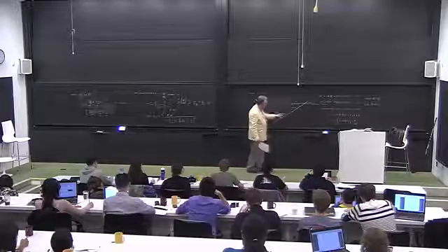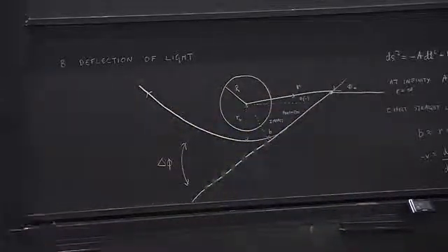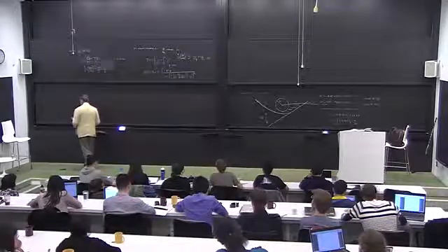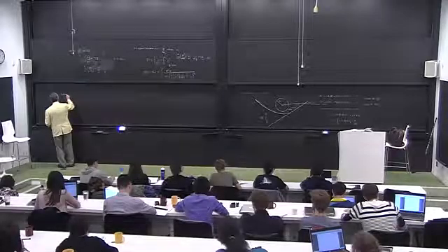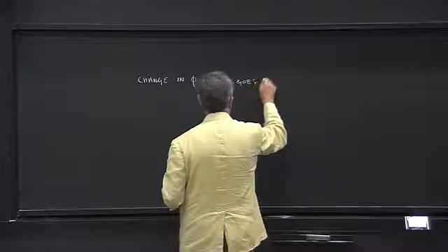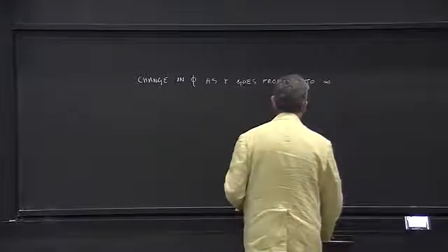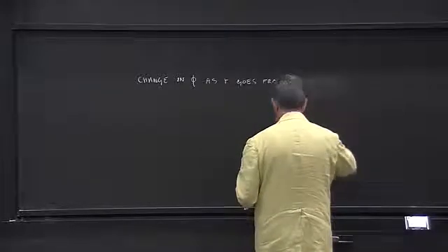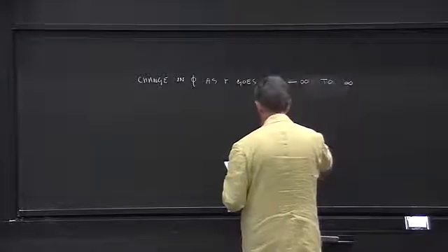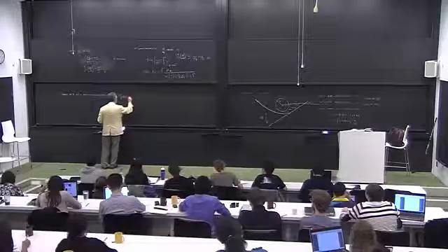Now, the change in phi as r goes from minus infinity to infinity is twice phi of r naught minus phi of infinity.